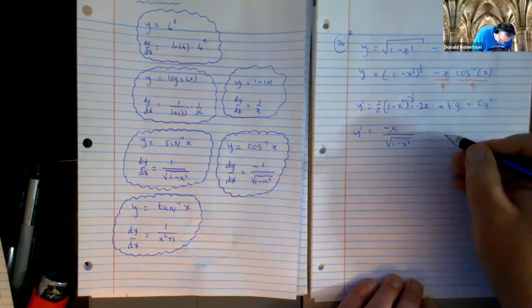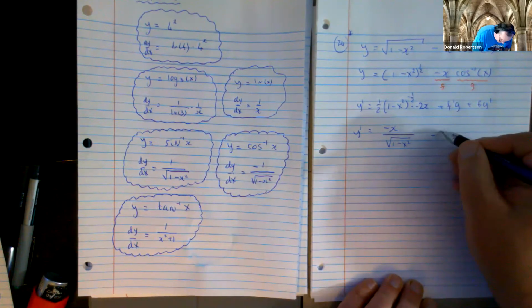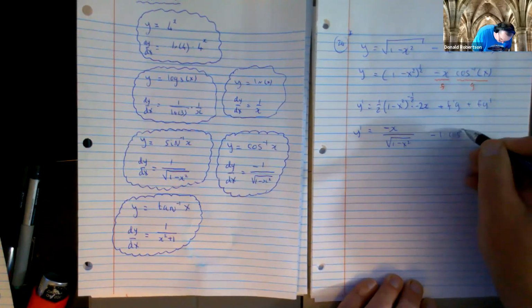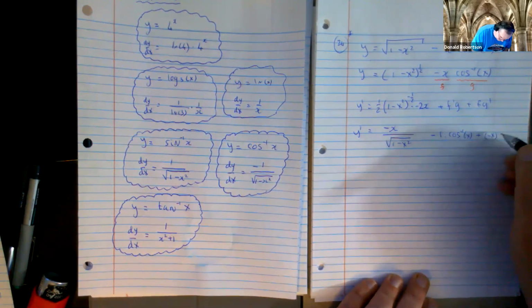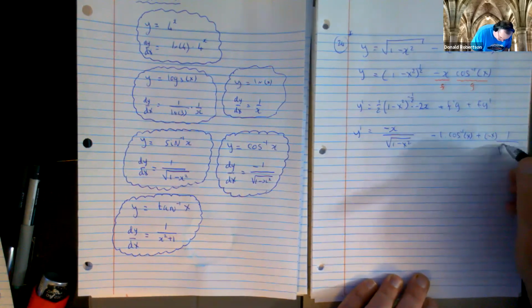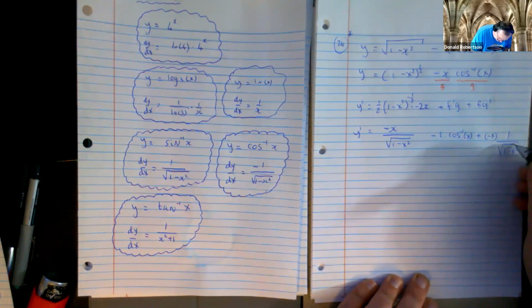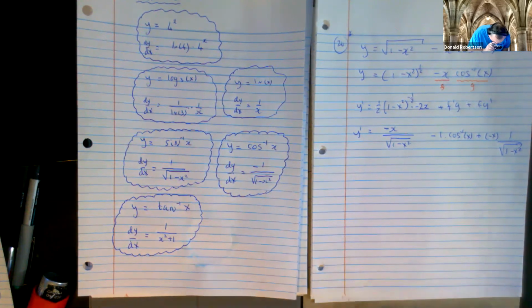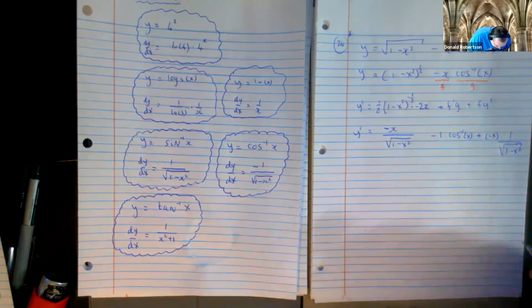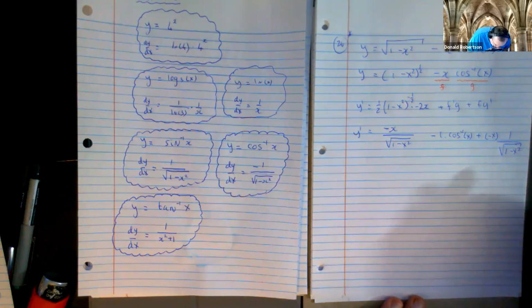So what do I get? I got negative 1 times, leave that guy alone, technically plus this fella over the square root of 1 minus x squared. And I need to work on this guy.